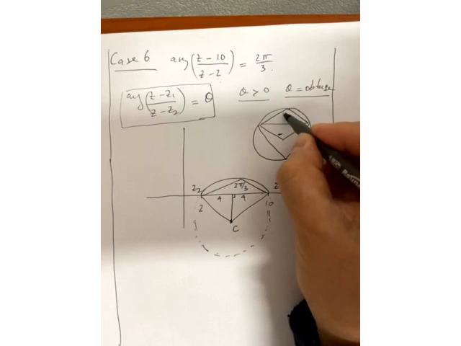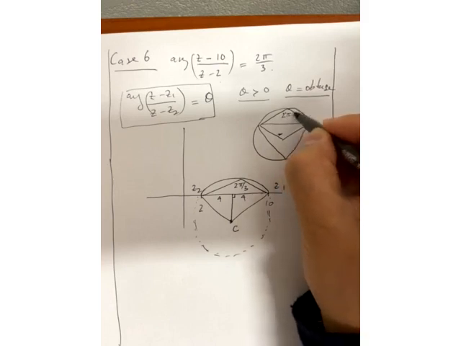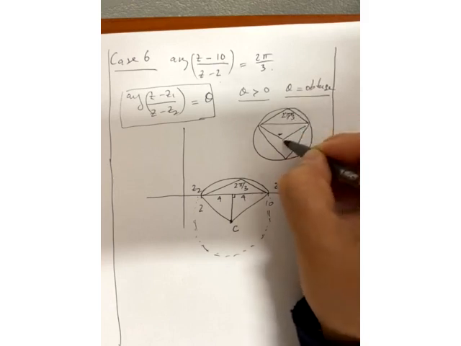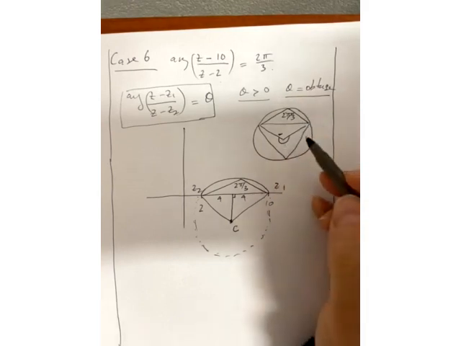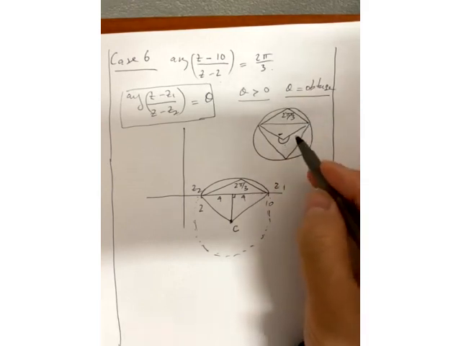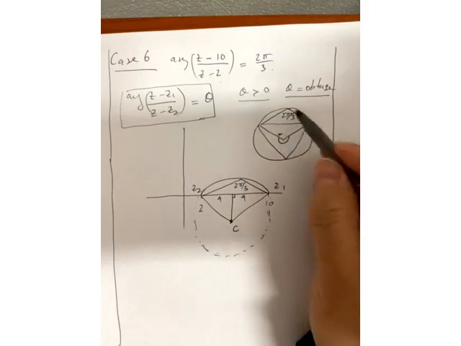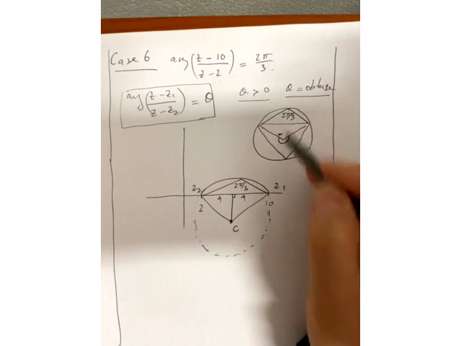So if this is 2 pi on 3, this angle here will be 4 pi on 3. But another property of circle geometry also is that this is a cyclic quadrilateral, so that the opposite angles of the circle add up to 180 degrees, or in other words, pi radians.